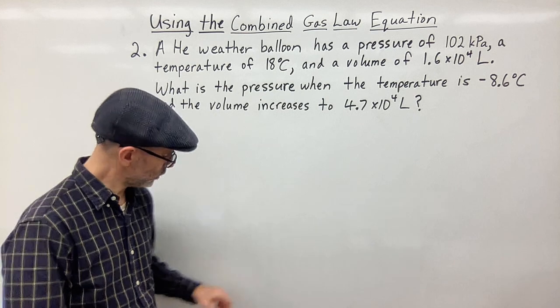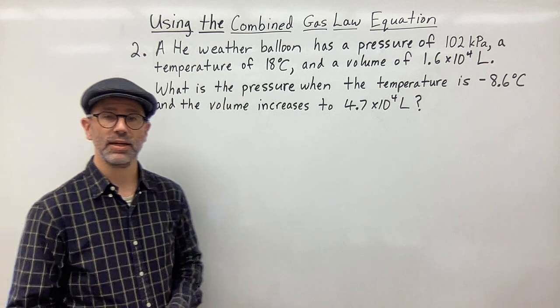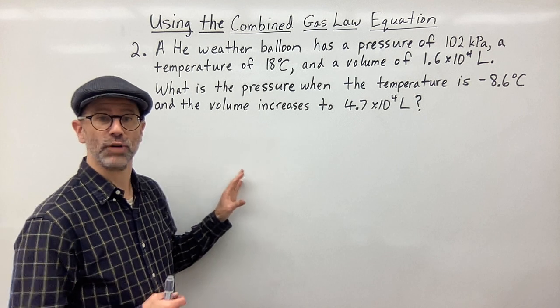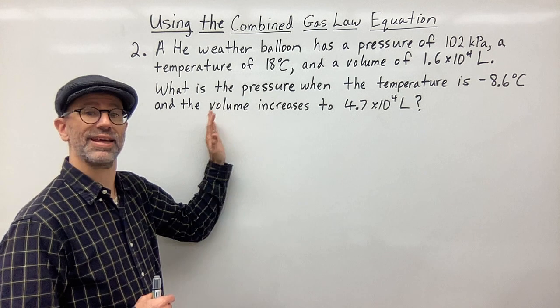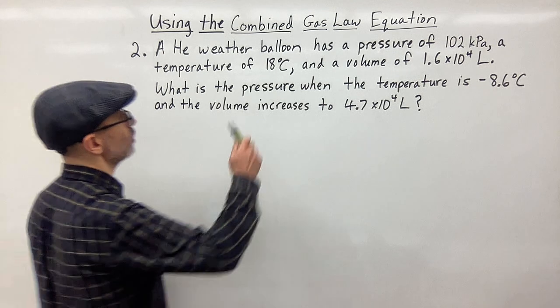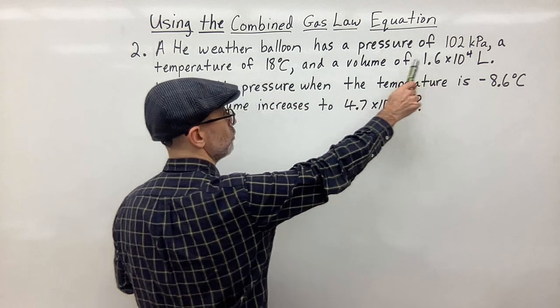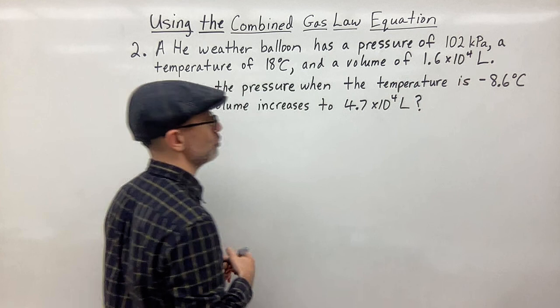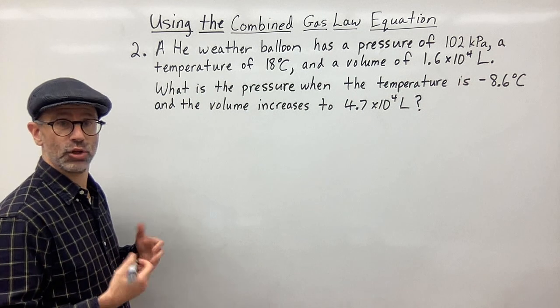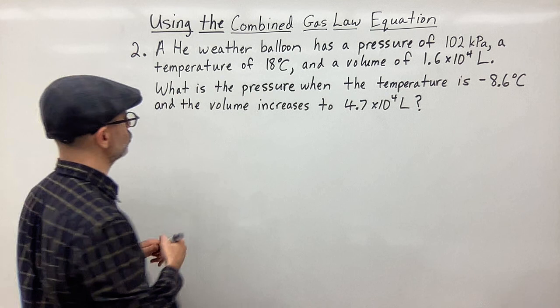So the first thing you want to do is write out and label the data that they're giving you. To begin with, we're told the gas in the helium weather balloon has 102 kilopascals.